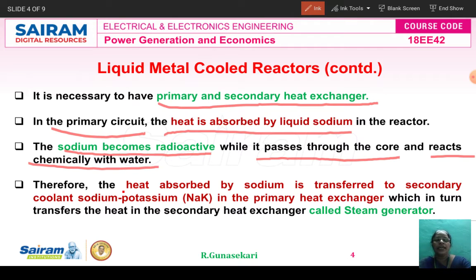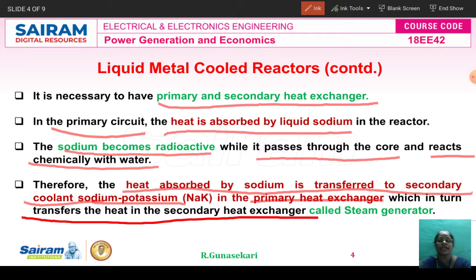Therefore, the heat absorbed by sodium is transferred to the secondary coolant, sodium-potassium NaK, in the primary heat exchanger, which in turn transfers the heat in the secondary heat exchanger called the steam generator. So the primary heat exchanger is there and then the secondary heat exchanger is there. This exchanger is called the steam generator.